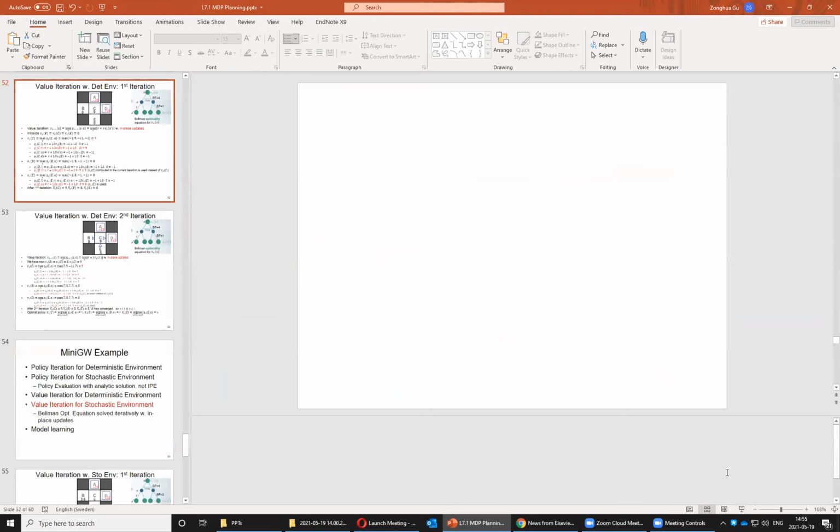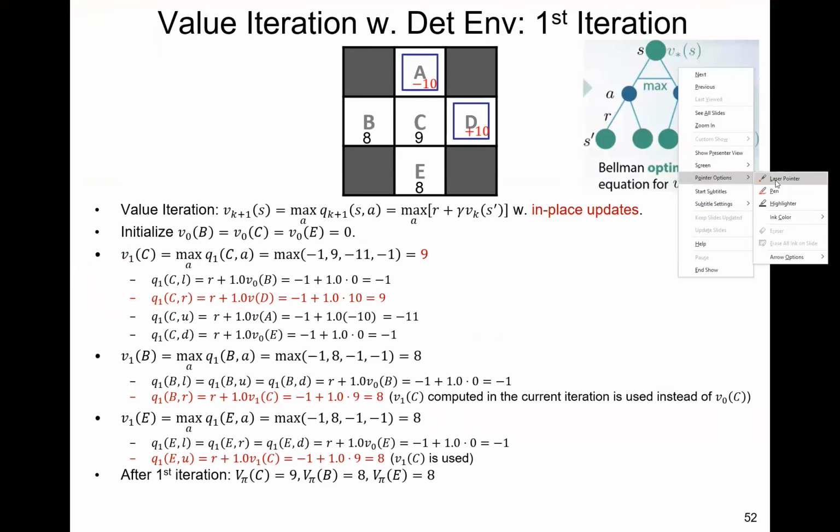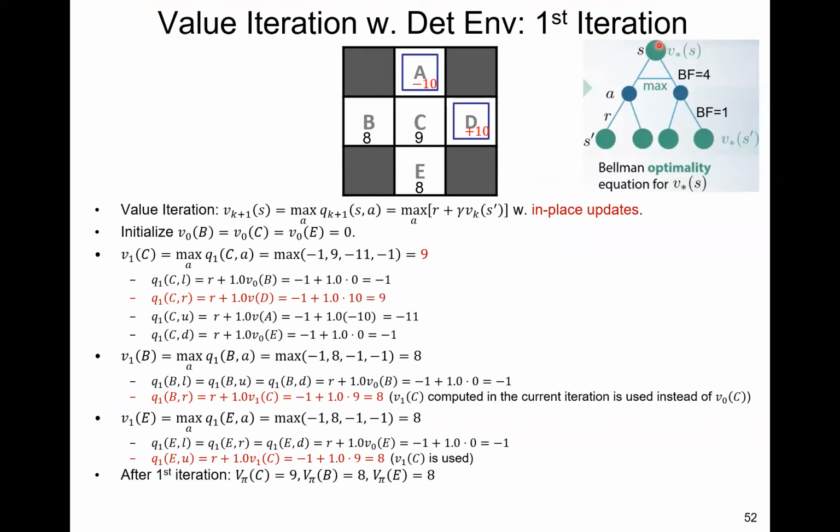For the deterministic environment, you have a branching factor of 4 on top from a state, and from a state-action node, you have a branching factor of 1.